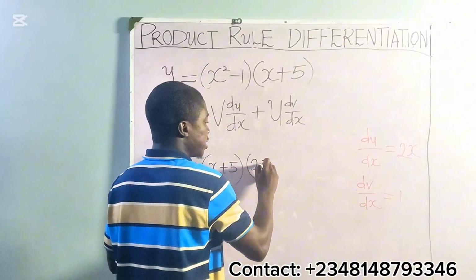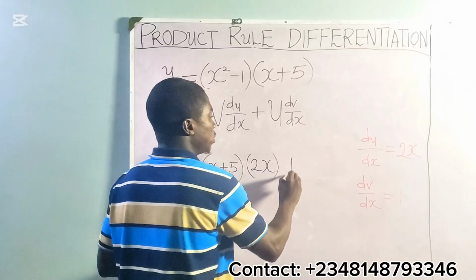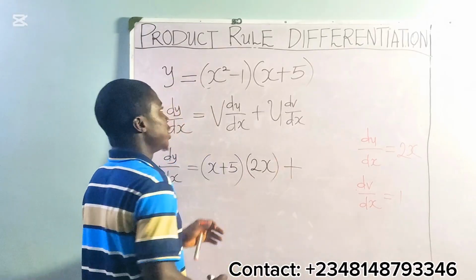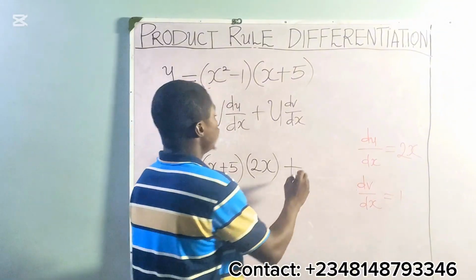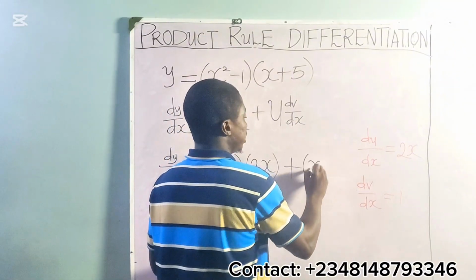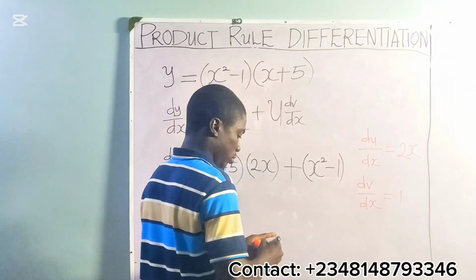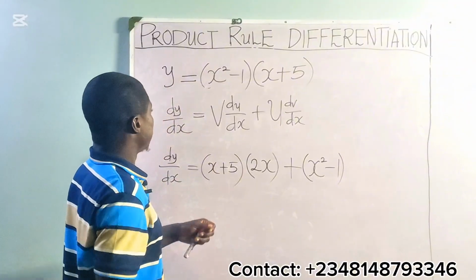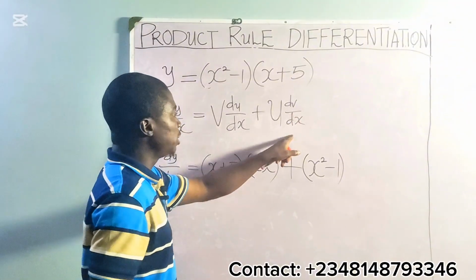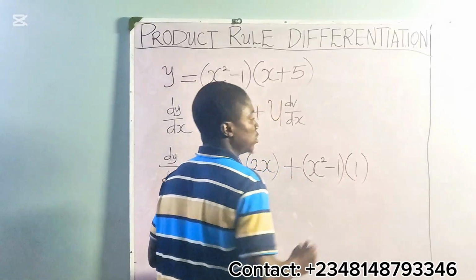So we have 2x here, plus, what is our u? u is the term in the first bracket. u here is x raised to power 2 minus 1. And what is dv/dx? dv/dx gave us 1.